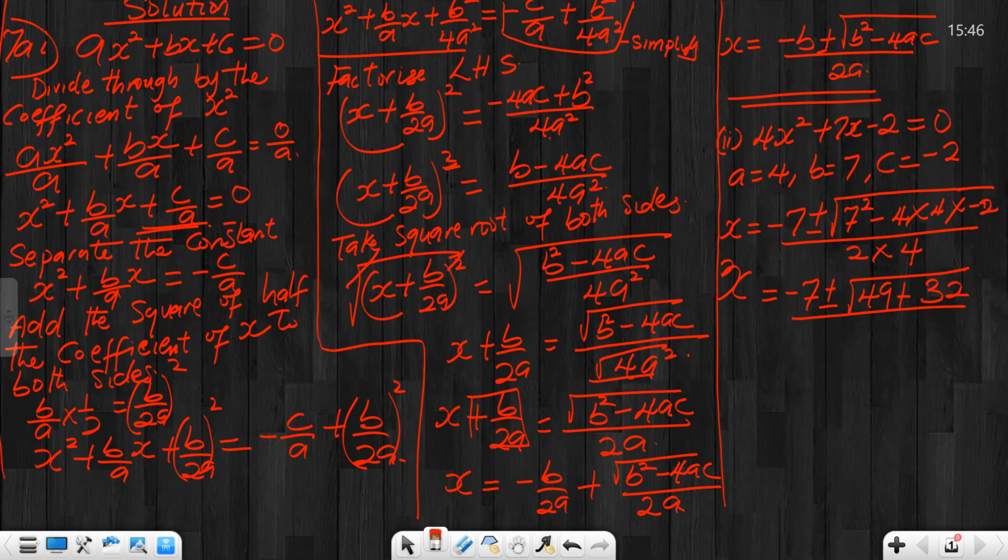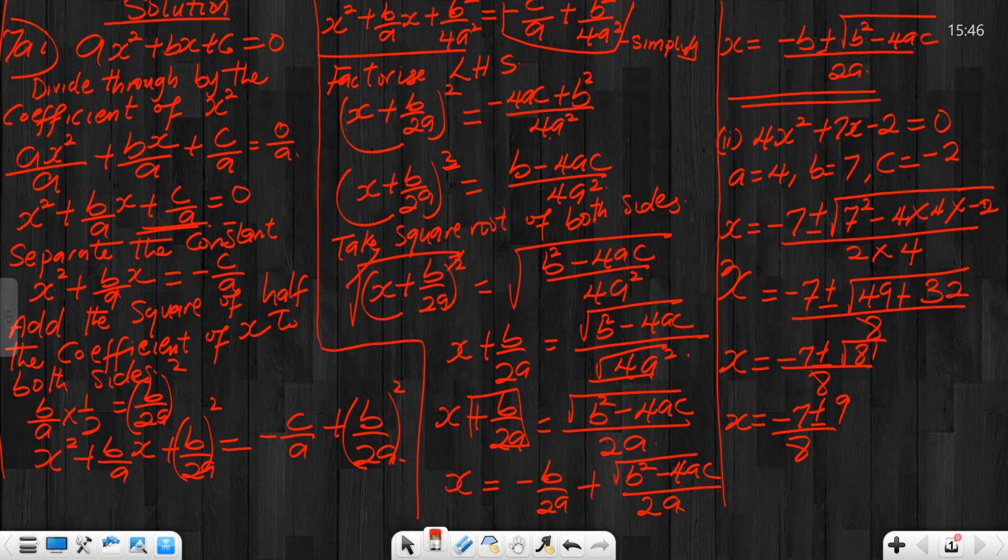Plus 32, all over 8. Then my x now equals minus 7 plus or minus the square root of 49 plus 32. That will give me 81, so I have 81 all over 8. And my x now will be minus 7 plus or minus square root of 81 is 9, all over 8.